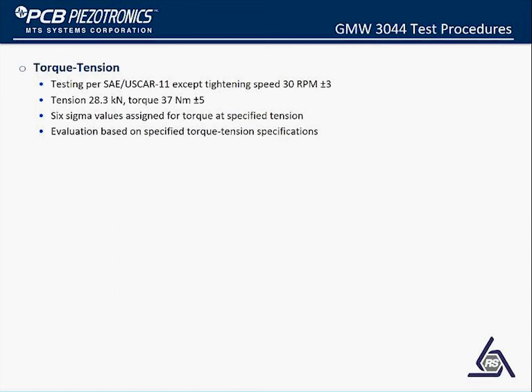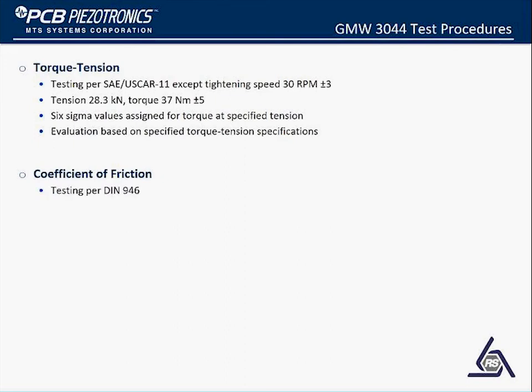It specifies a tension value of 28.3 kilonewtons, a torque of 37 newton meters plus or minus 5. It wants you to calculate 6 sigma values assigned for torque at specified tension, and the evaluation is based on specified torque tension specifications.